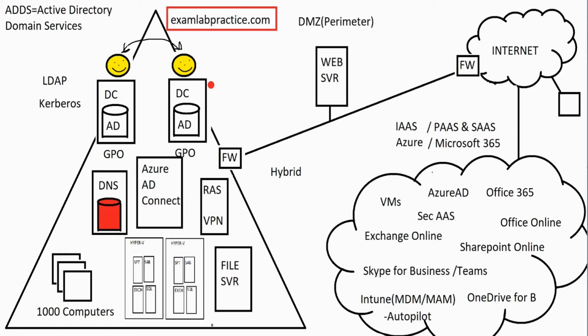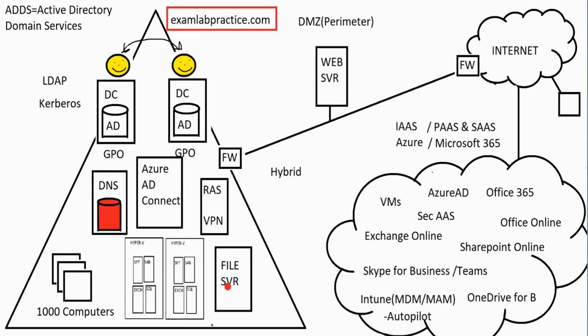And this is an on-premise based directory service. It is built off of the LDAP protocol, which is Lightweight Directory Access Protocol. It uses an authentication protocol called Kerberos. It allows us to use GPOs and manage our devices and all that on-premise. It's a great on-premise solution. Now, the downside, of course, is that it is a bit dated. It doesn't support all the latest and greatest web-based authentication systems.